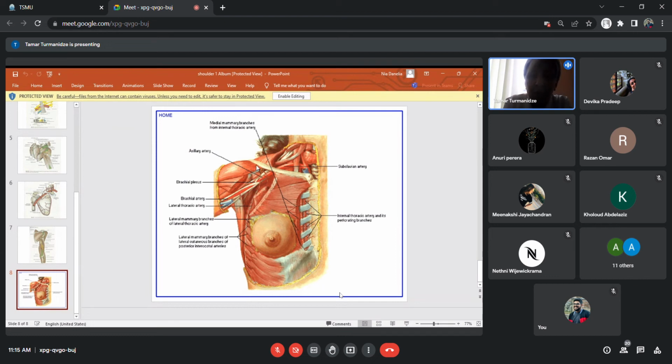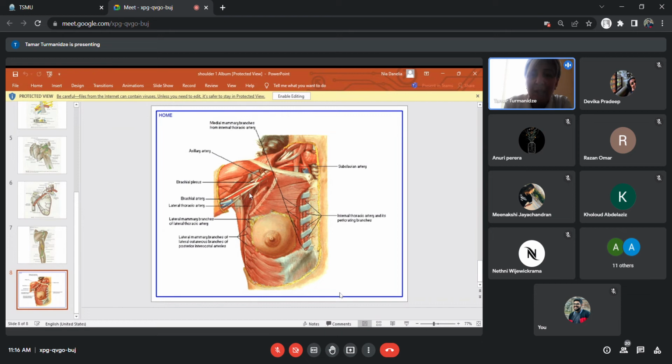The branches of the cords of the brachial plexus descend in the subpectoral triangle and touch the artery on different sides. The nerves which come from the medial cord touch the artery on the medial side.